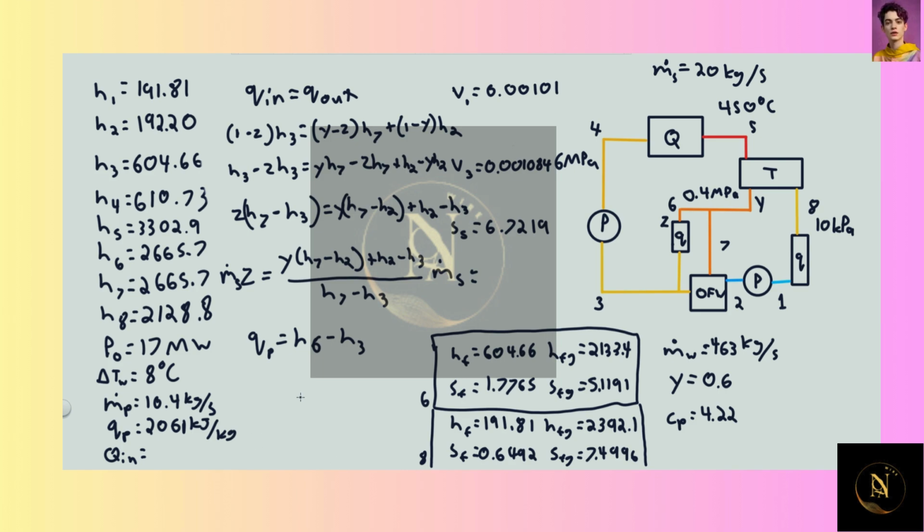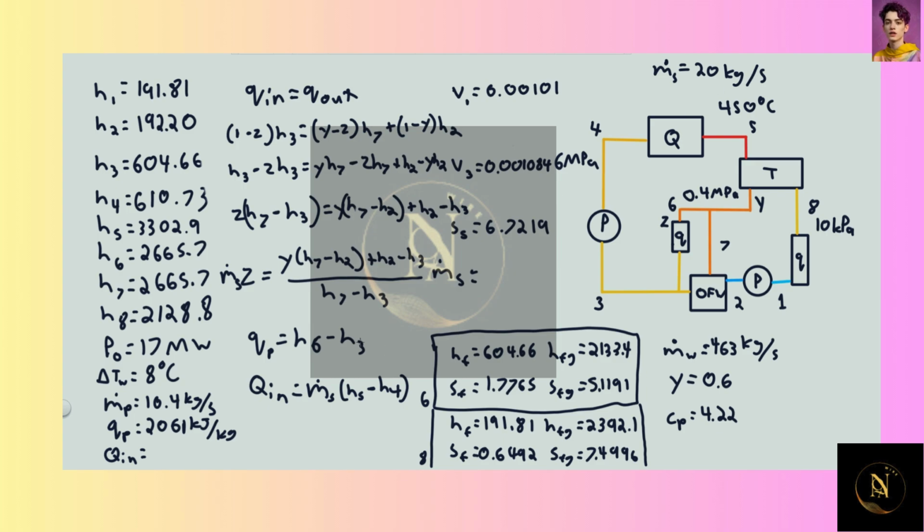Okay, and then finally the heat input of the boiler. This one we have a formula for. Our Qin is just equal to our mass flow rate times the energy input, which I just said is just going to be the difference in the enthalpies at those states, so H5 minus H4.